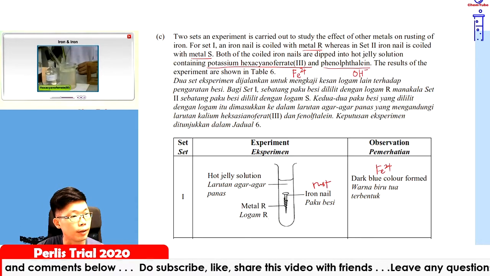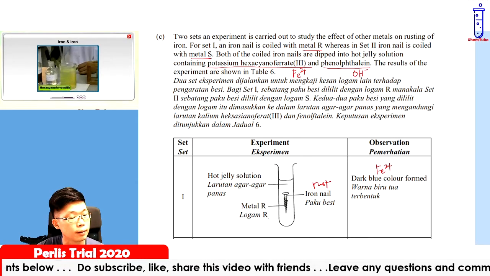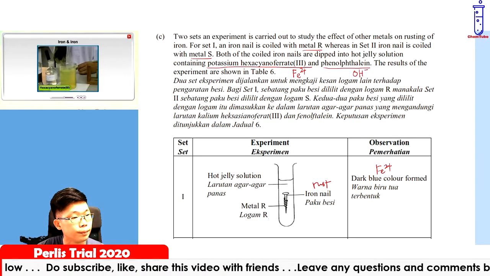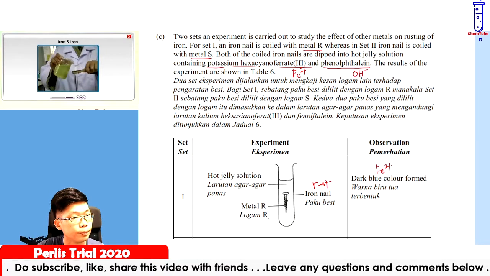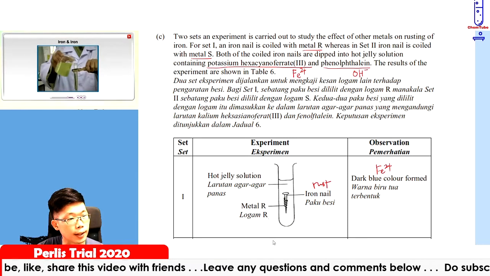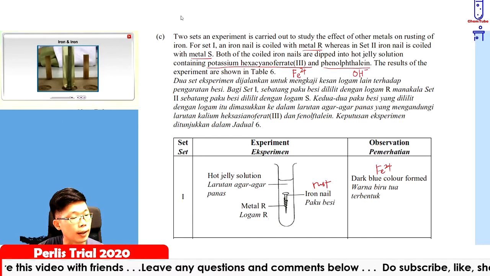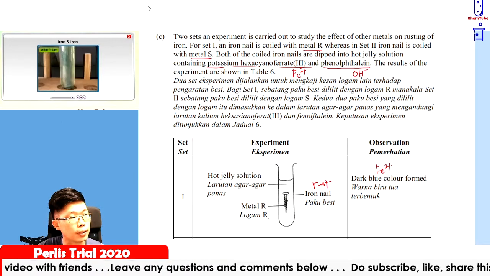Potassium hexacyanoferrate is added to detect the presence of iron(II) ions. Then pour into the test tube containing the metal. This one is the iron itself, so it's a control.